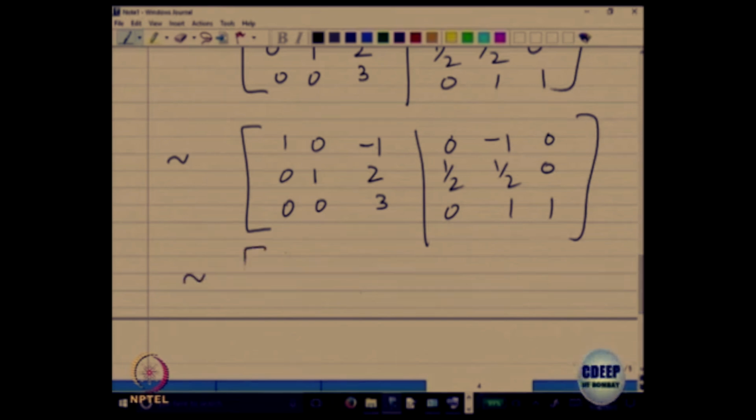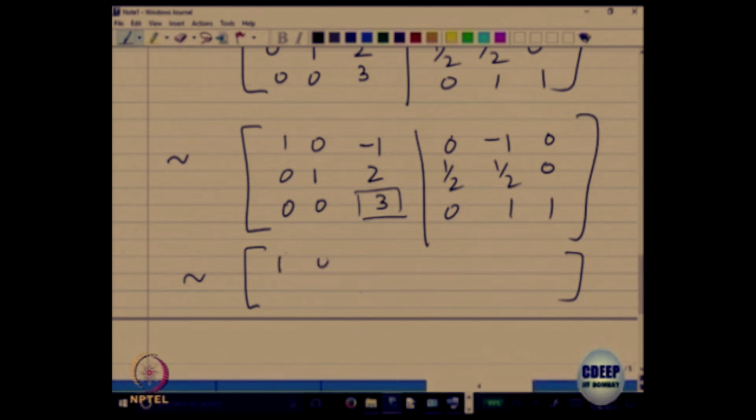So let us write now equivalent to, what should be my next step? I should be looking at this part of the matrix, right? Up to here I have column 2, I have done it. So for that only 3 is there, which is a non-zero entry, so that is a pivot. I should make that pivot equal to 1.